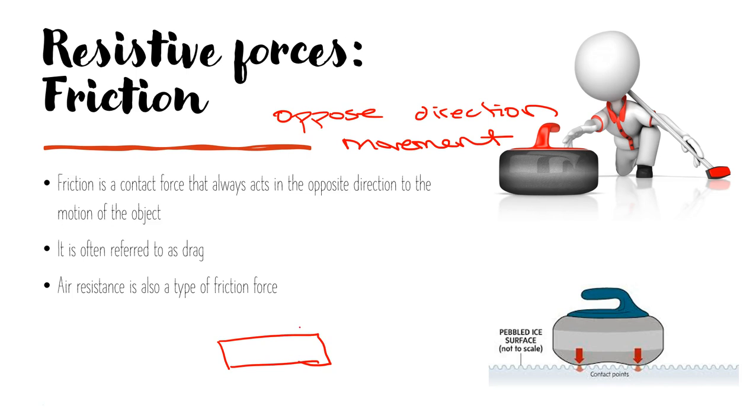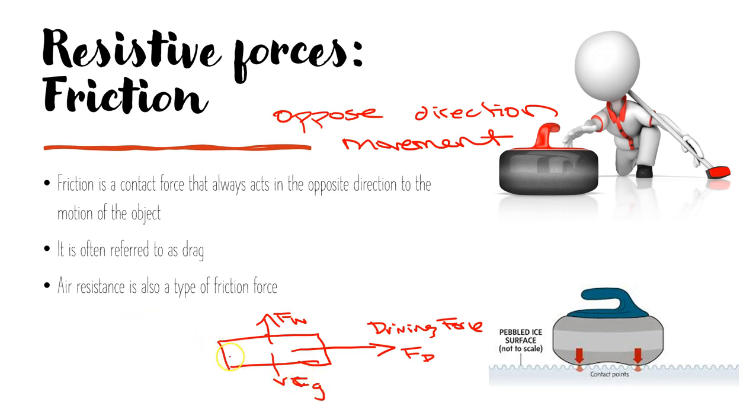So if we draw this as a simple object, as we push forward with our feet on the pedals, we're going to have our driving force, FD. We know that we're on a surface and we're not sinking through it, so we've got our normal force and our gravitational force.